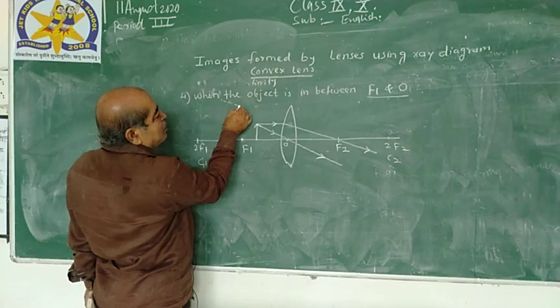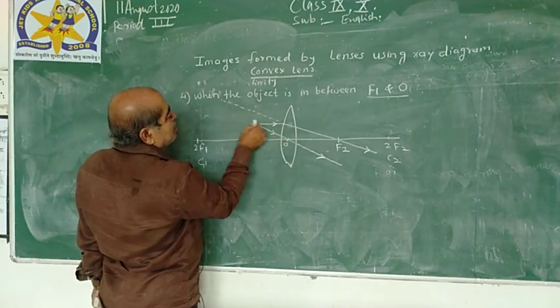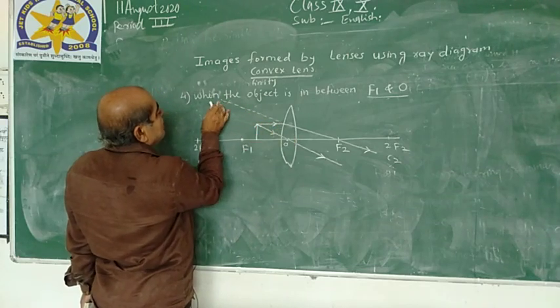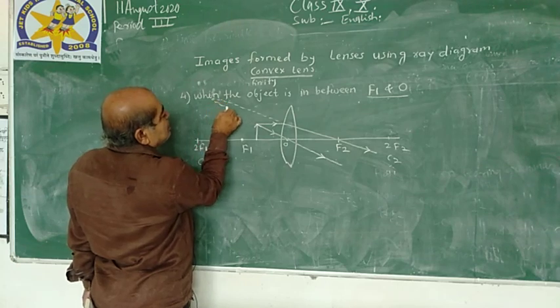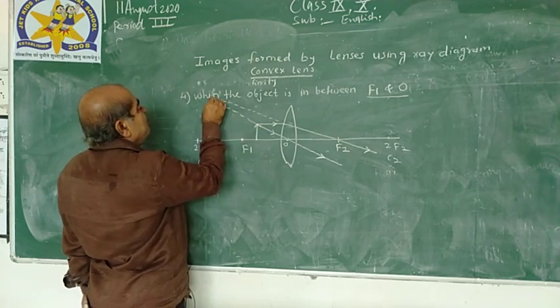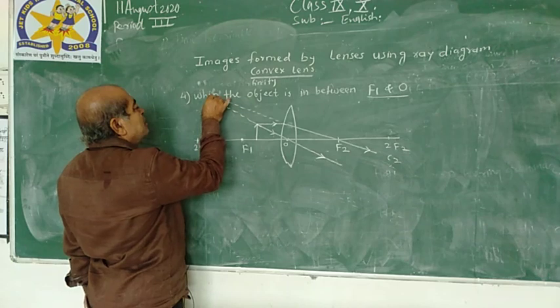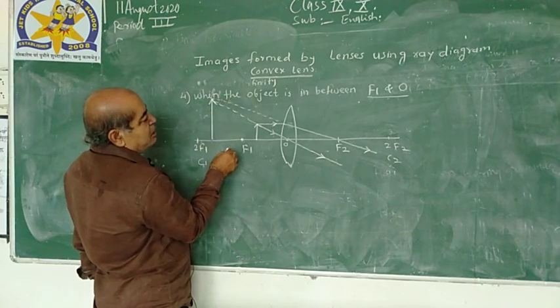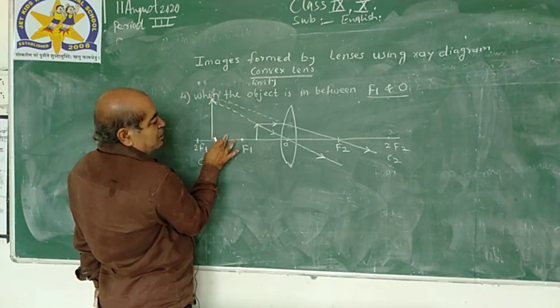And if you extend the rays on the back side, then in that case here the image is formed.